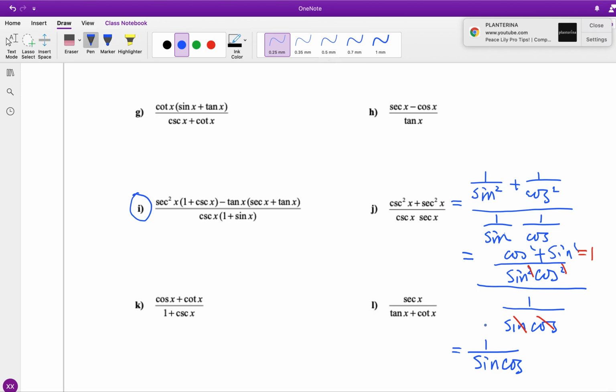I thought I could just leave it here, but of course, if you say, oh, I don't like a fraction, okay, you don't like a fraction? Sure, let's say cosecant multiplied by secant, or vice versa, doesn't really matter. Well, then that is our answer.